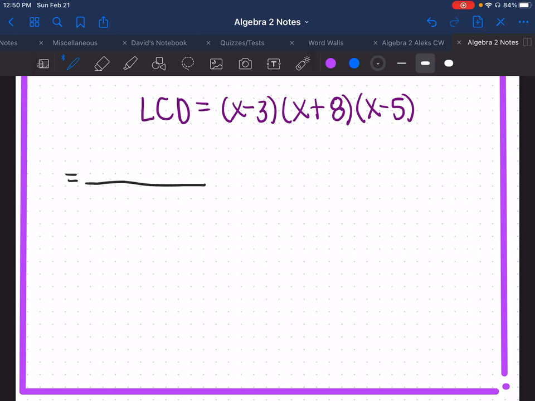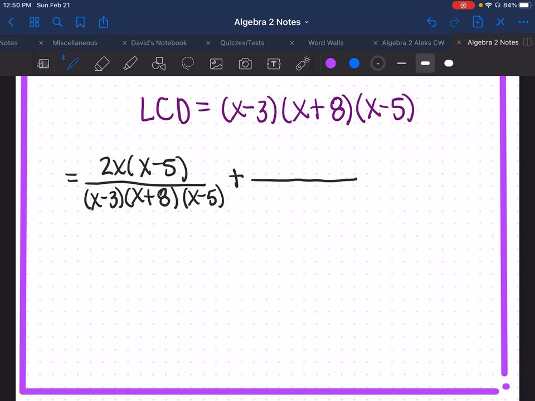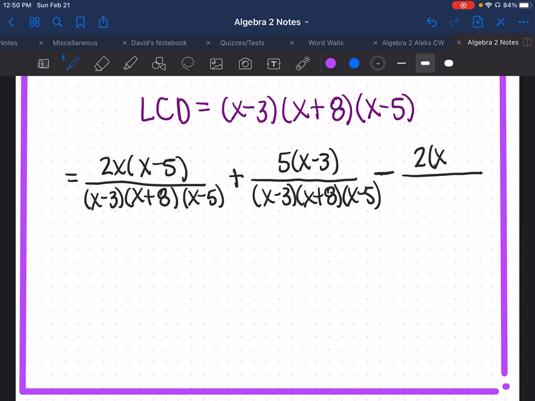All right, so let's go ahead and start our multiplication so that we can finish up this problem. Ooh, this one's going to be a long one, I feel. I really feel like this one's going to take me a long time. So I've got 2x times x minus 5, plus I've got 5 times x minus 3, and then I've got my common denominator, minus, so don't forget that we might have to distribute that negative up here.